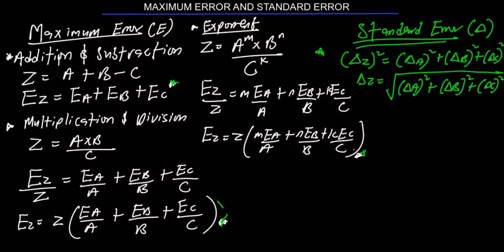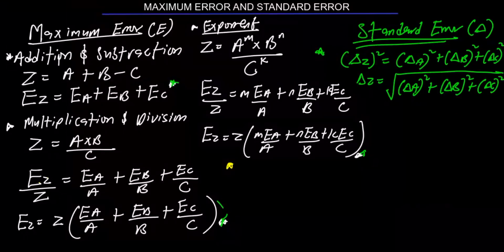Next one, if you are having multiplication and division, something like this, what will you do? Let me write it somewhere here. What will you do? You are going to say, remember, I want to square each of the terms. So let me write from here.